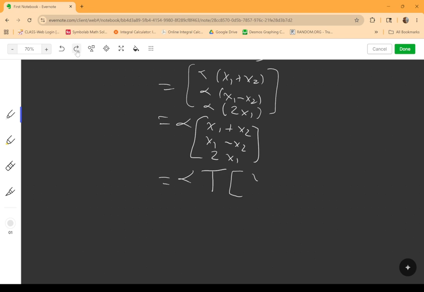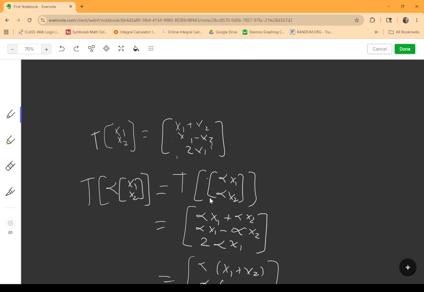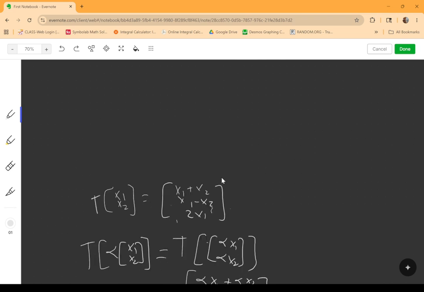So we can see here that scalar multiplication does hold. So the above function here is in fact a linear transformation.